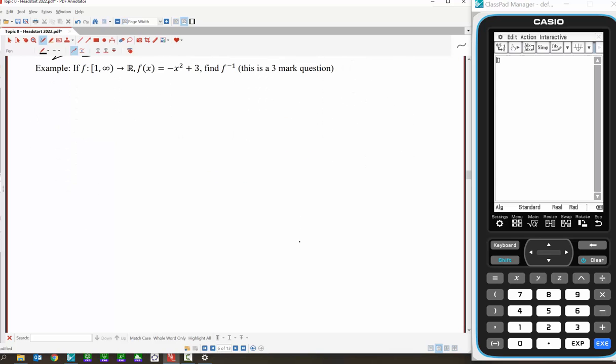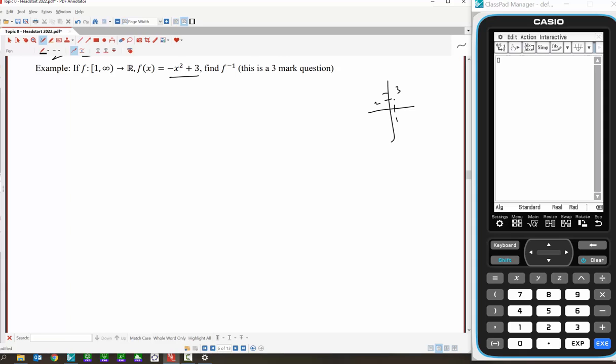Alright, next one. So we've got a parabola, and it goes up 3 units, and it's inverted. It's going to look like that. And it's true only from 1 to positive infinity. So here is 1. If we bang 1 into the function, we get -1 plus 3 is 2.